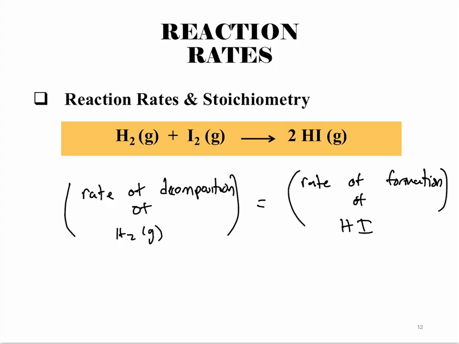So the rate of formation of hydrogen iodide is equal to 2 times the rate of decomposition of hydrogen gas, because the rate of formation is twice as large for hydrogen iodide. And that's just due to the stoichiometric coefficient.